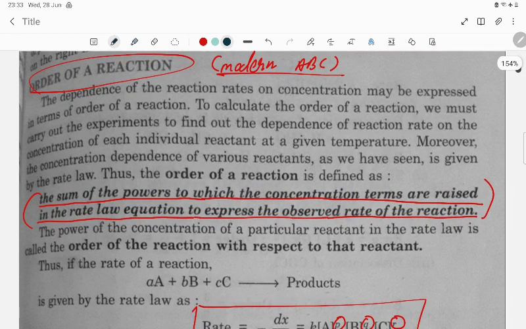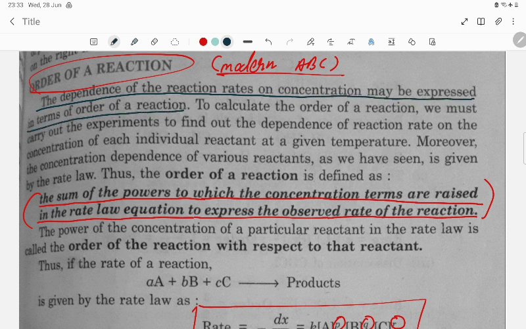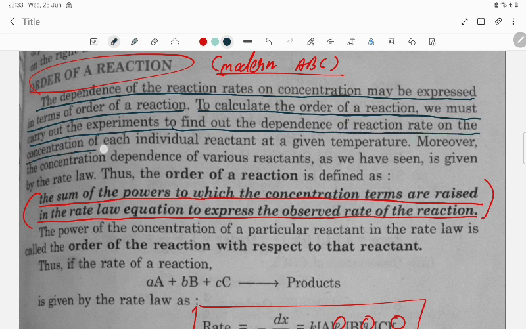What is the need of the order of reaction? The dependence of the reaction rate on the concentration may be expressed in terms of order of reaction. To calculate the order of reaction, we must carry out experiments to find out the dependence of the reaction rate on the concentration of each individual reactant at a given temperature.